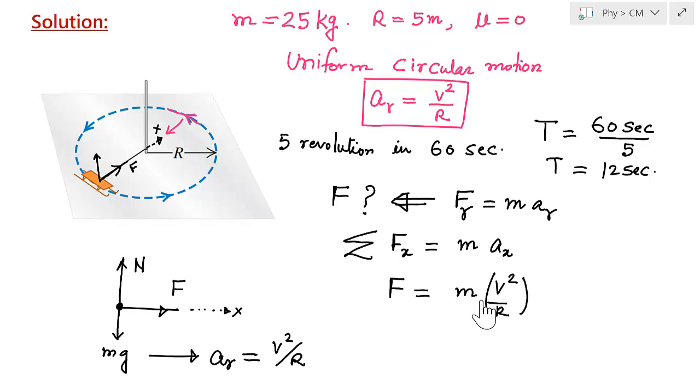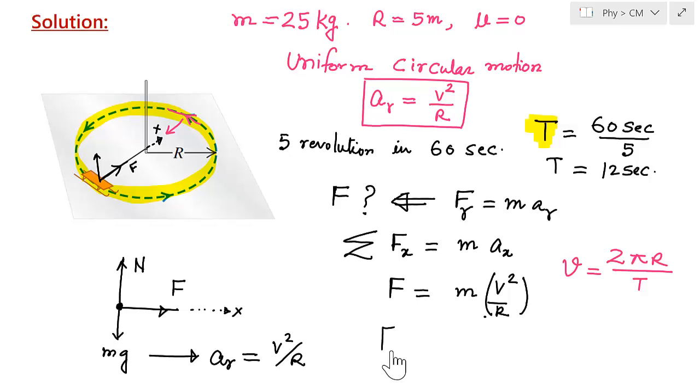So we can calculate v, because I know this total length is 2 pi r, and I know how much time it takes, that is capital T. So this takes T amount of time to make one revolution. So I know the velocity. We can write the expression for velocity, that is nothing but total distance, 2 pi r, divided by total time, T. So this is the expression for velocity.